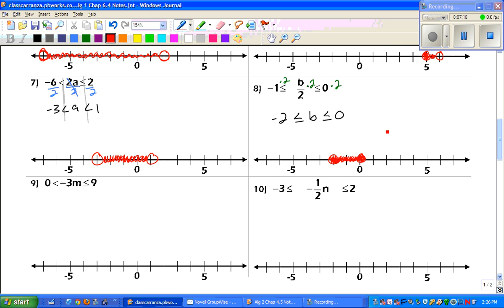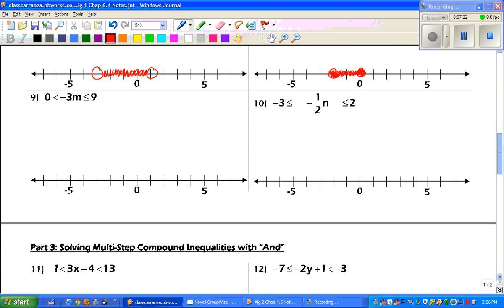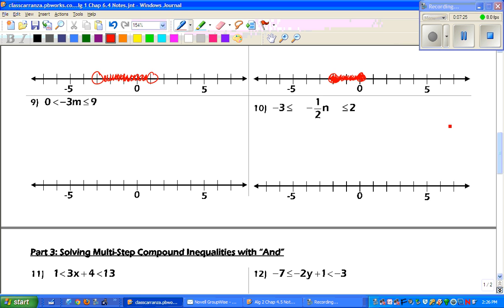And then just shade the middle. Okay, number 9. To get the m by itself, we have to divide. And we're dividing by -3. So when you divide by a negative, we have to flip the signs.